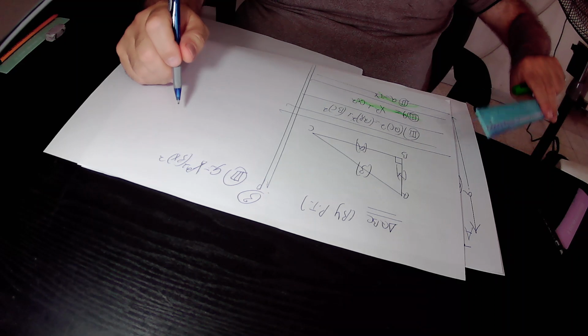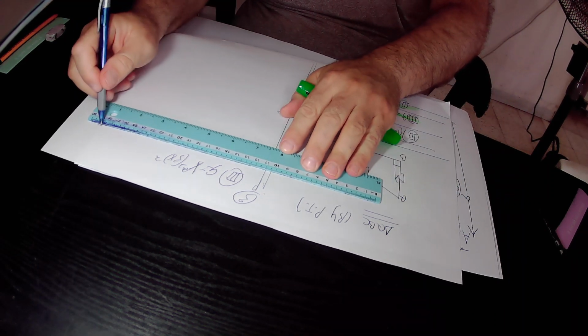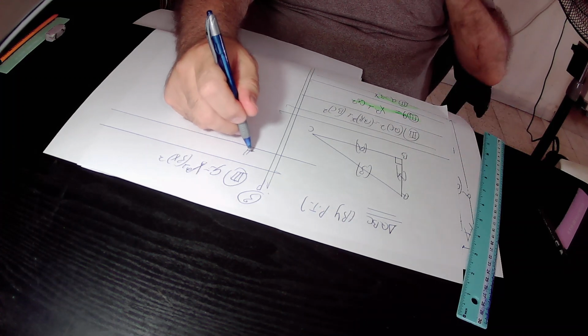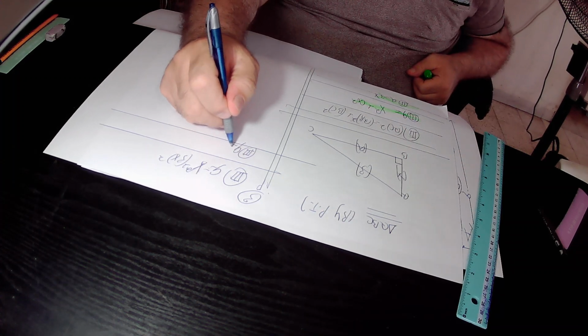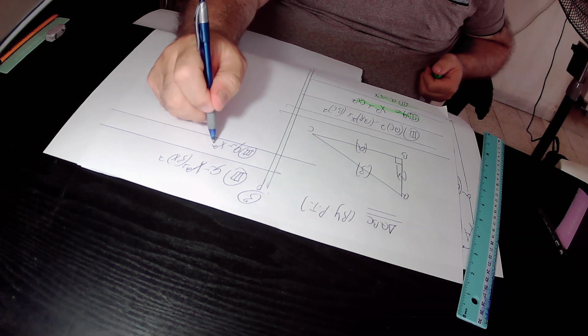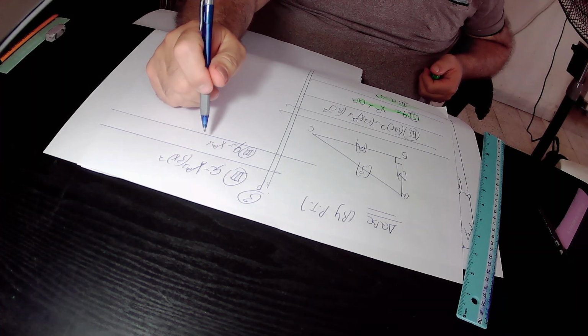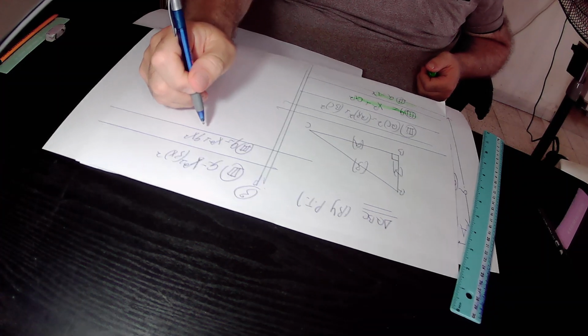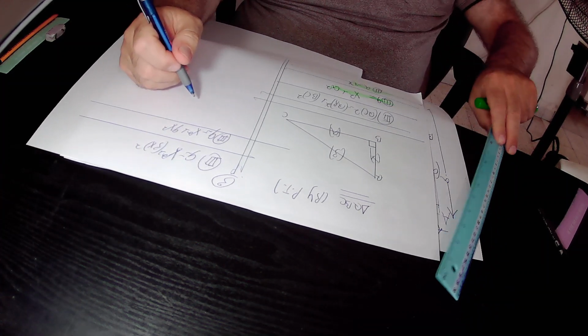So in total, according to equation 3, we found out that nine equals x squared plus 3x squared. 3x squared is 9x squared. So in total, we found out that 9 equals x squared plus 9x squared.